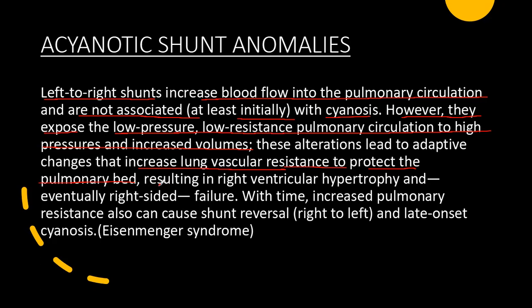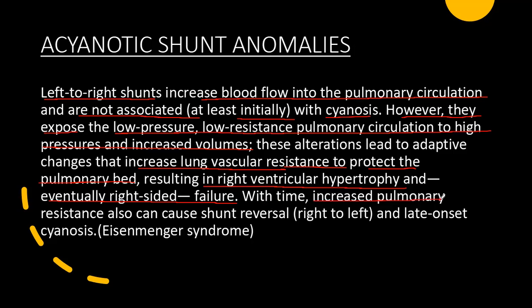Once this happens, there will be right ventricular hypertrophy and eventually right-sided failure because of increased right ventricular afterload. If you increase the resistance of the lung vasculature, there will be pulmonary hypertension. Remember, when we talked about right-sided heart failure, one of the mechanisms of pathogenesis was increased right ventricular afterload, which was caused by pulmonary hypertension.